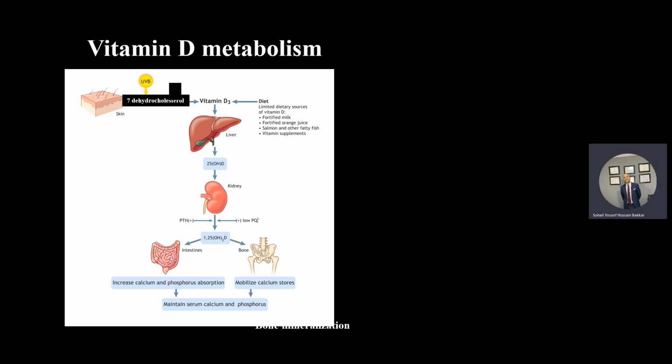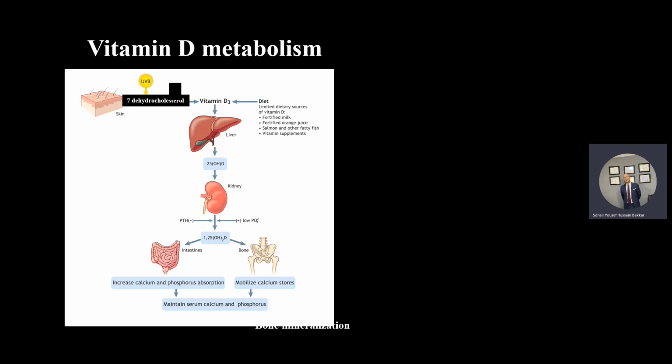And the hydroxylation in the kidney produces the final and active product of vitamin D3, 1,25-dihydroxy-cholecalciferol. Notice that the enzyme responsible for the hydroxylation of vitamin D3 in the kidney is known as renal 1-alpha hydroxylase.